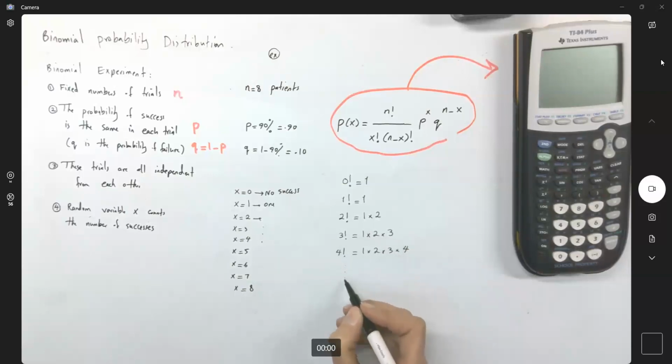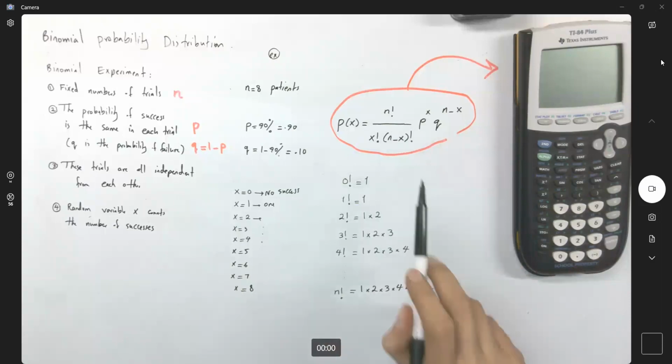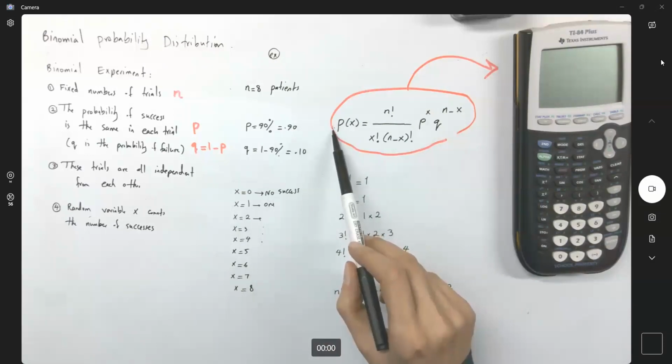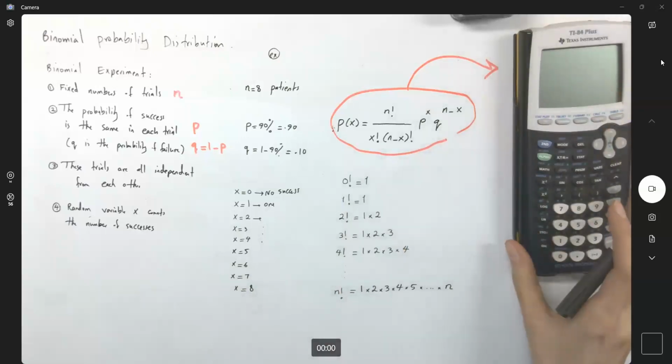We can continue this process, and eventually we define n factorial, as you can see in the numerator, as the multiplication of 1 by 2 by 3 by 4 by 5, and we stop at n. So n factorial is a compact version of this expanded multiplication. But again, for our class, the probability distribution for a binomial experiment is already built into your mini computer or your calculator.